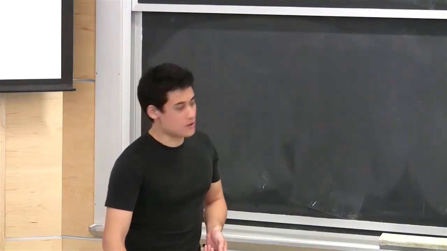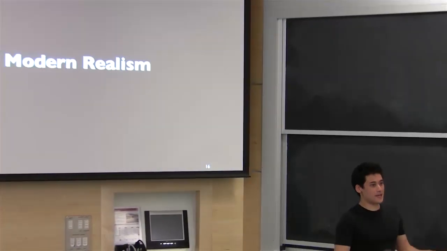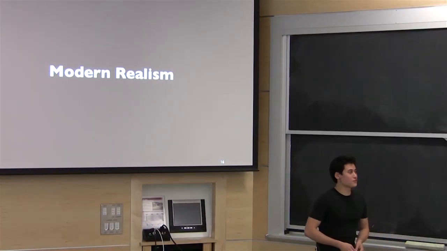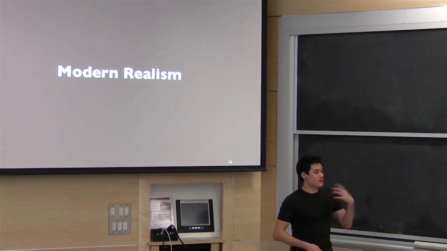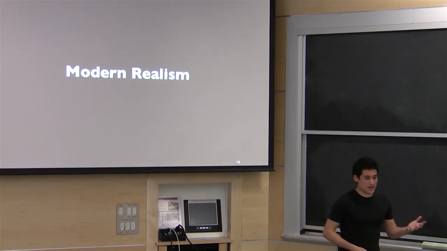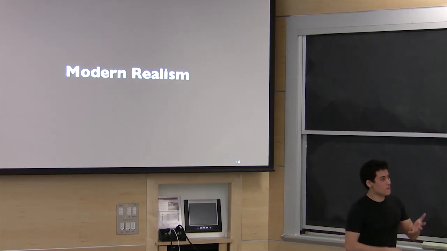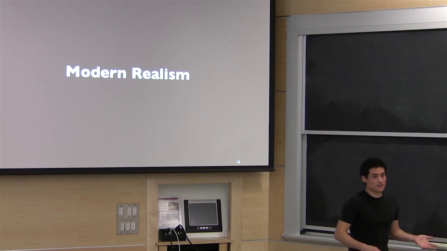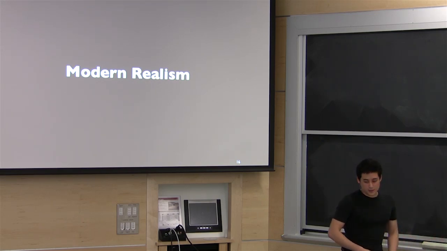All right, so I'm going to move on to this independent concept, really the ability that we have right now. We have the algorithms to make pretty much anything we want, and trying to capture that is this idea that I call modern realism.